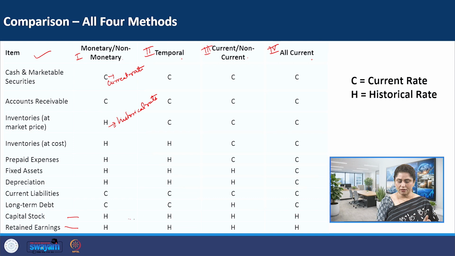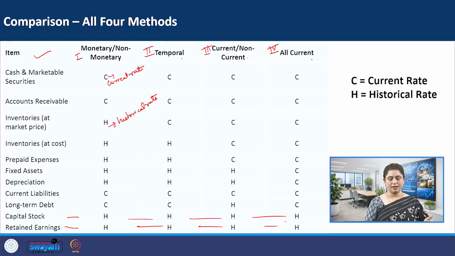These are valued at the historical rate, while if you see the current assets, they are always valued at the current rate, and the inventory only in the monetary and non-monetary method is valued at historical rate, while in temporal it can be valued at the historical rate and also the current rate. Let's again understand it in a better way.